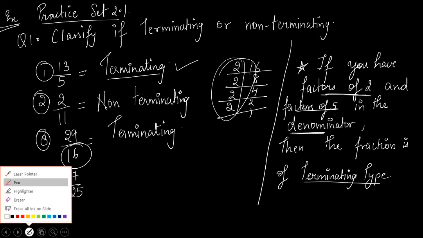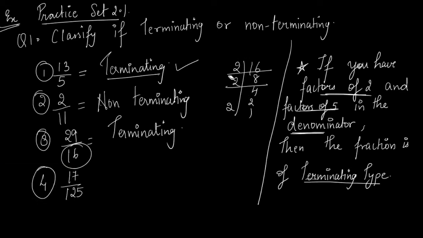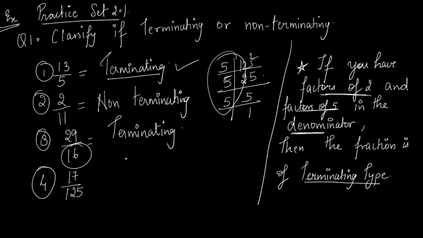Let's find out the factors for 125. 5 25s are, 5 5s are, 5 1s are. All the factors are made up of 5, and hence this is a terminating number.